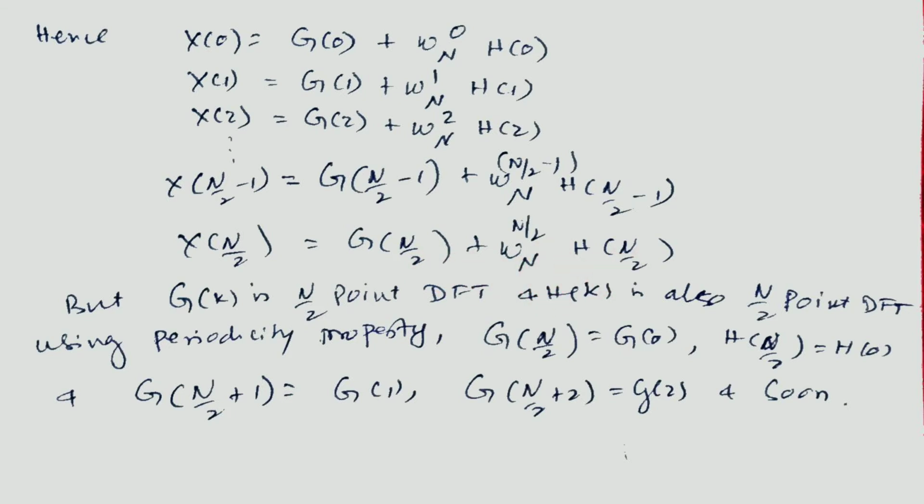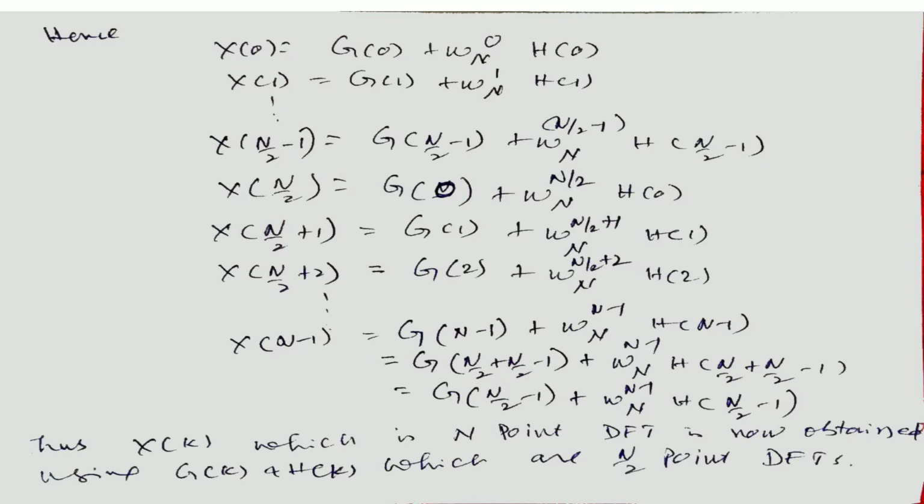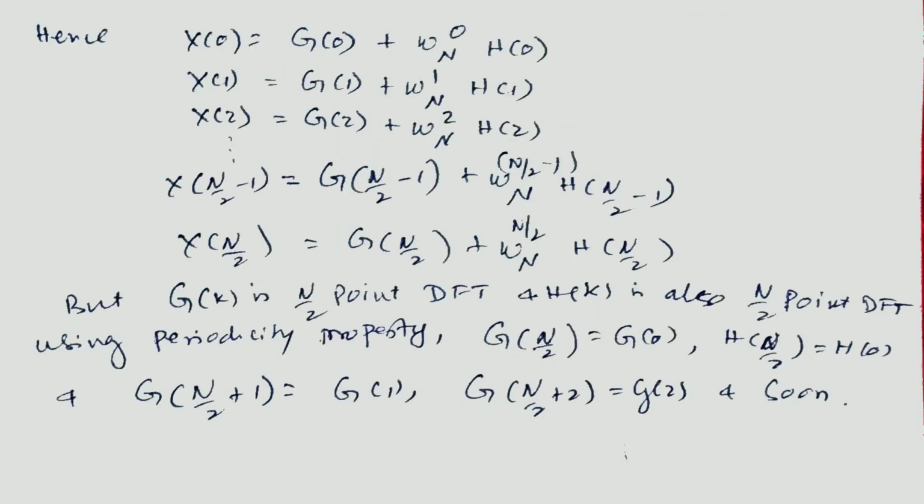But this g of k is an n by 2 point DFT. So the values will be repeating after n by 2 minus 1. So when I go to the next value, g of 0 would be same as g of n by 2. Similarly, h of 0 would be same as h of n by 2.